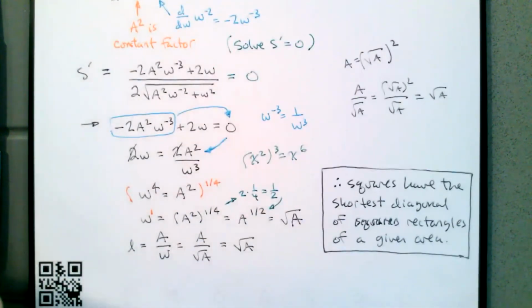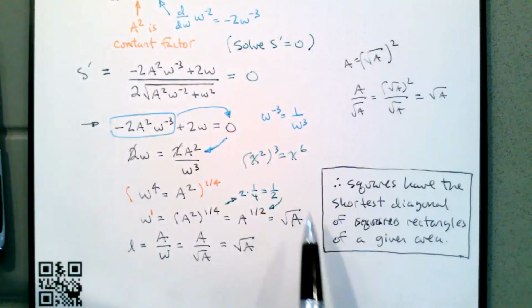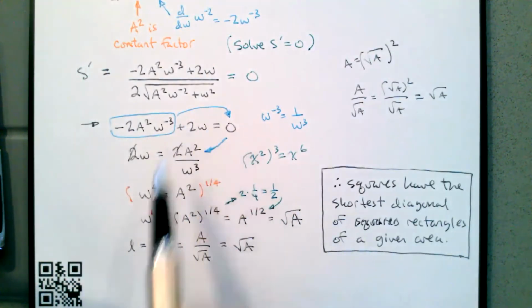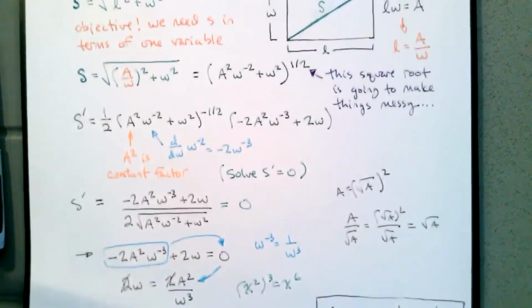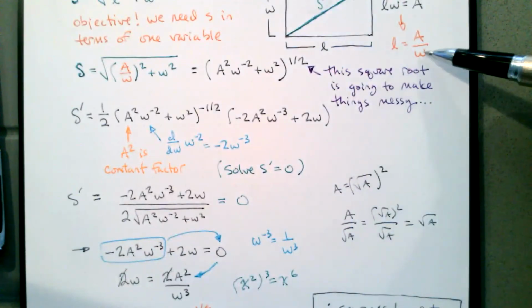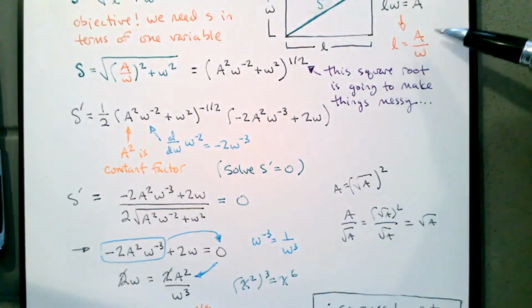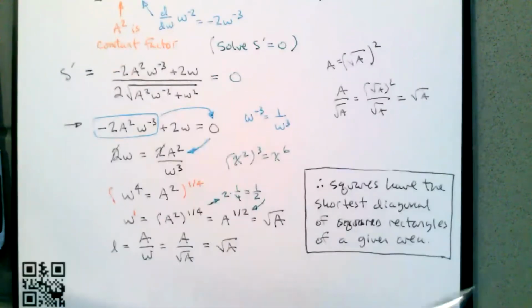The solution to the equation will be W equals the square root of A. It's an equation in W, and W equals the square root of A is the solution to the equation. Once we have that, we have to go back and use that W to find L, which is A divided by W. Thanks, Professor Lich. I understand that. Thank you.